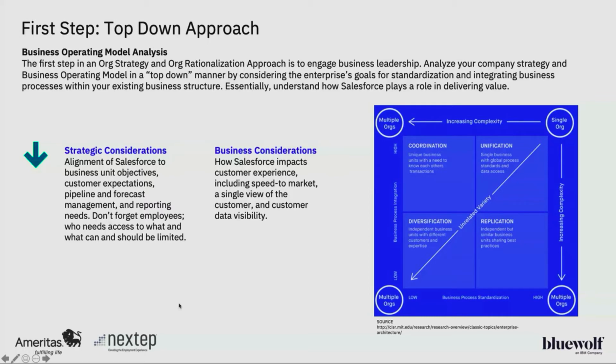Business considerations. What's the impact on the customer experience? Part of my job, and really why we've added the characteristics of executive alignment and customer experience to this upfront work, is that many companies go in and try to rationalize this out and go, well, there are a couple of moments in the customer experience where things are really bad, like I just can't close, or in the service moment I can't understand what has happened.